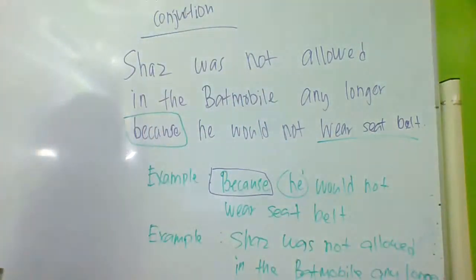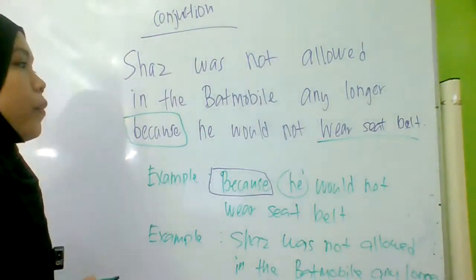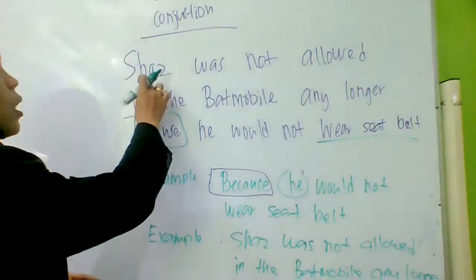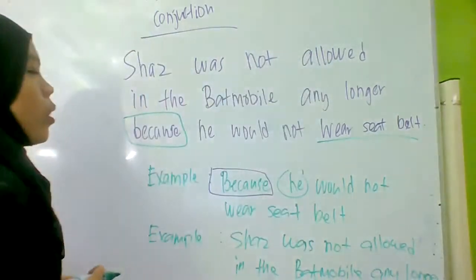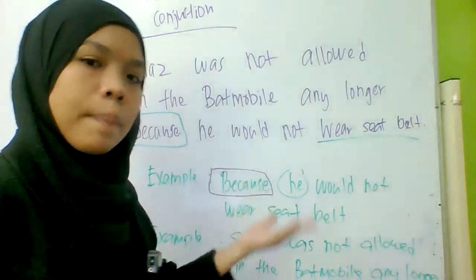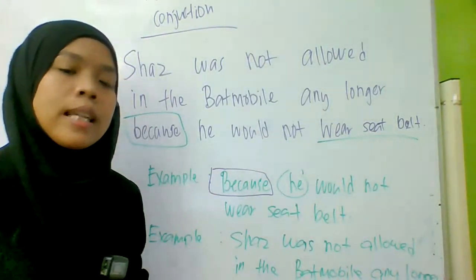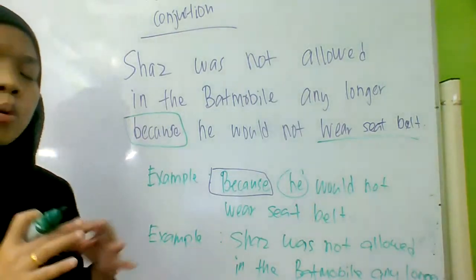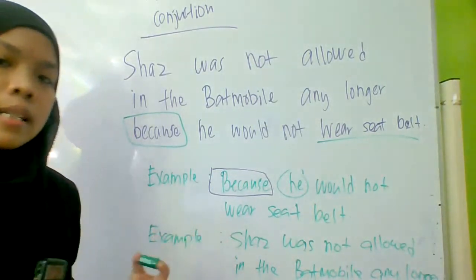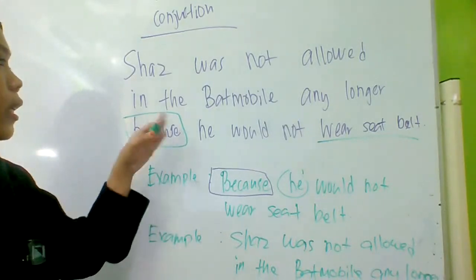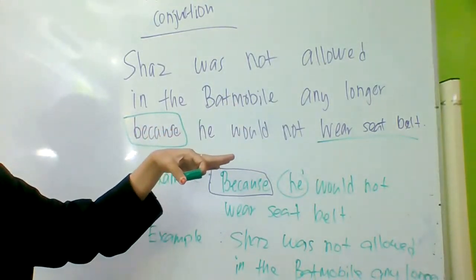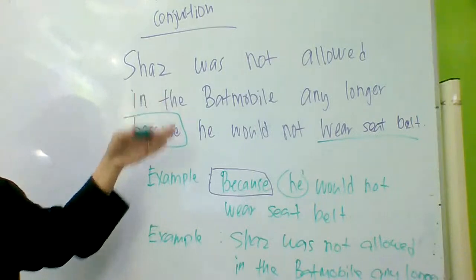So Shaz was not allowed. We need to introduce the independent clause, because when you introduce an independent clause, the sentence is complete. You do understand. In the Batmobile any longer. Why was Shaz not allowed?